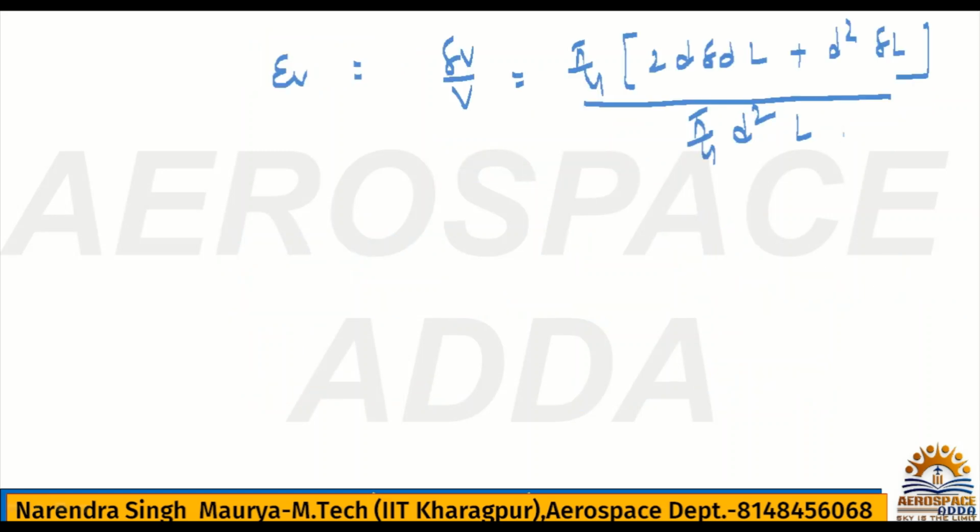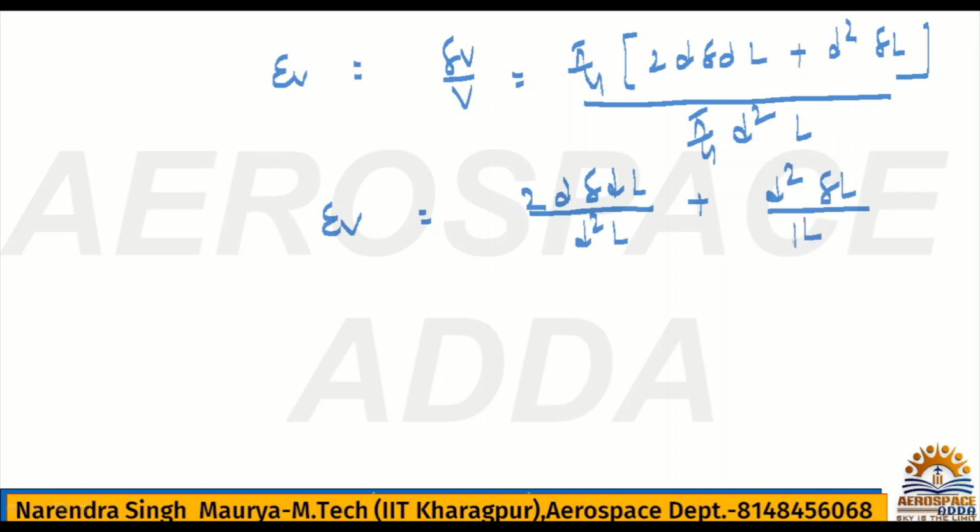So pi by 4 cancels out. What will you have? Epsilon V. In the bracket, it is 2d dou d L divided by d square L, plus d square dou L divided by d square L, because pi by 4 is cancelled out.